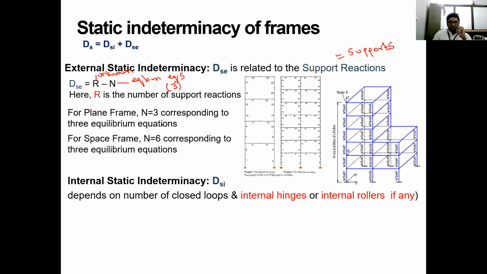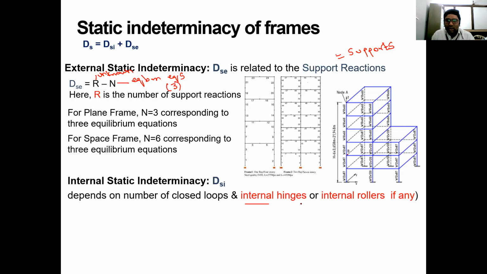Okay, no problem. All of you carefully listen here. Always, total degree is equal to the combination of external degree plus internal degree. External degree is always associated with the support reactions. How many support reactions do we have?